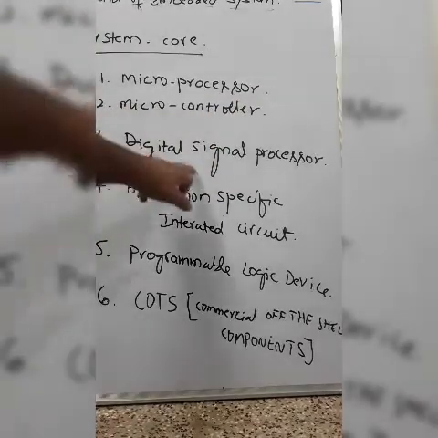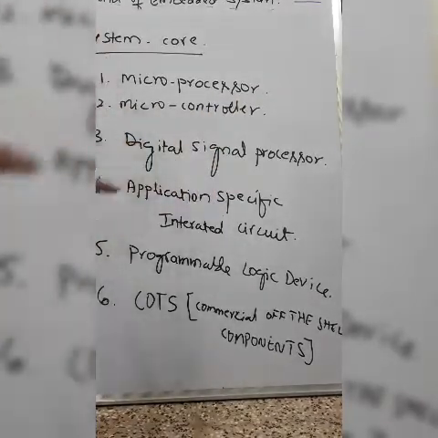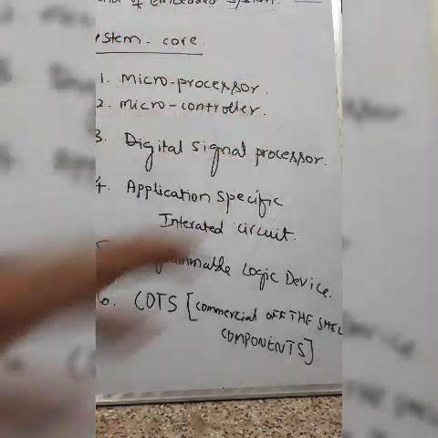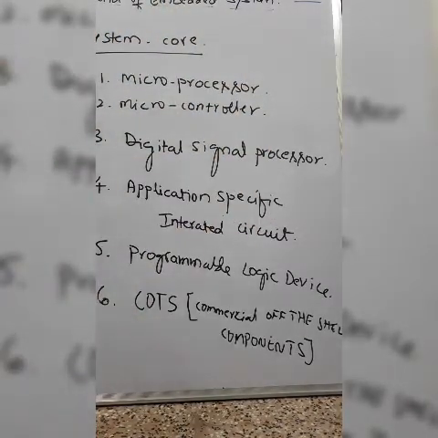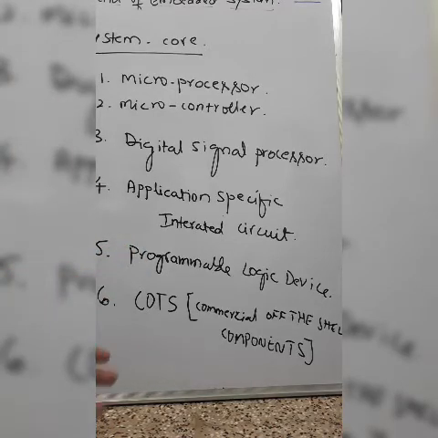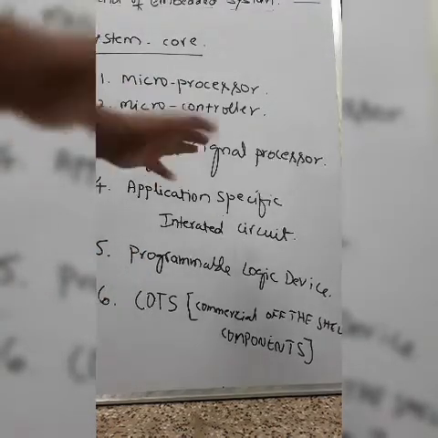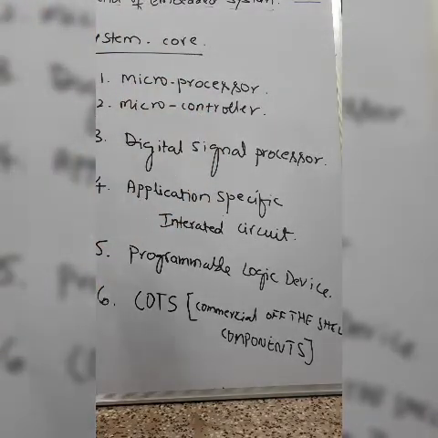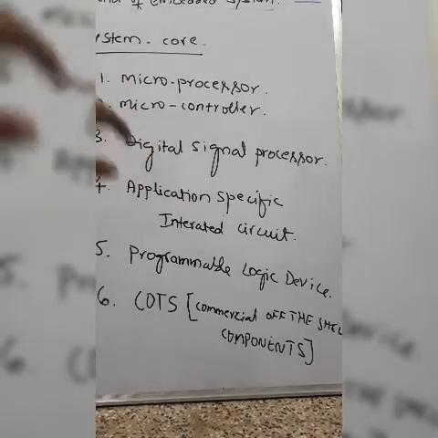Then digital signal processor can be used as a system core, wherein digital signal processor will do complicated mathematical computations, because it is required some sophisticated mathematical calculations to process the digital signal. So digital signal processor performs many mathematical operations upon signal.